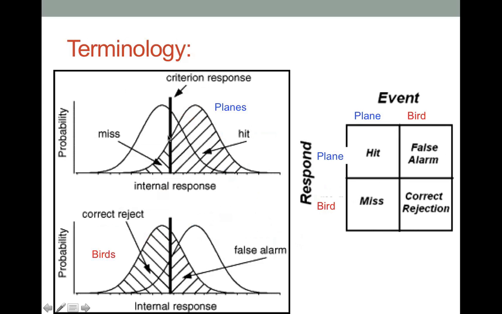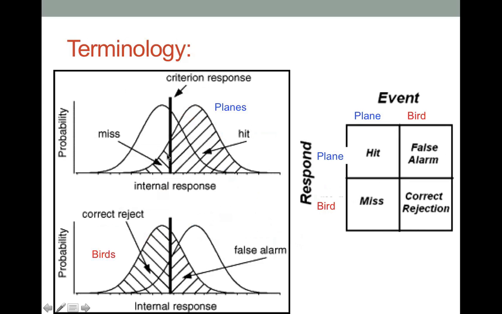So this was a bit of a liberal criterion, you can see, because it's to the left of their intersection. So then they have shaded here two different areas of the plane distribution. All of the planes that are above this criterion, I will successfully call a plane. So it is a plane, and I called it a plane, and we call that a hit.